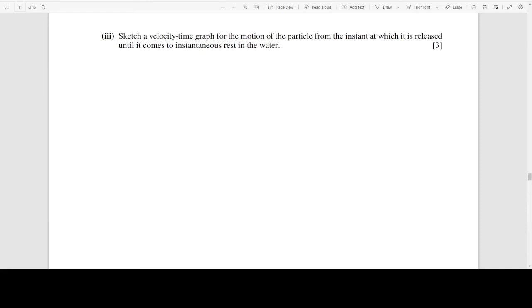Sketch the velocity time graph for the motion of the particle from the instant it is released. So we just have to sketch a velocity time graph. One thing we have to keep in mind is that the gradient will give you acceleration.